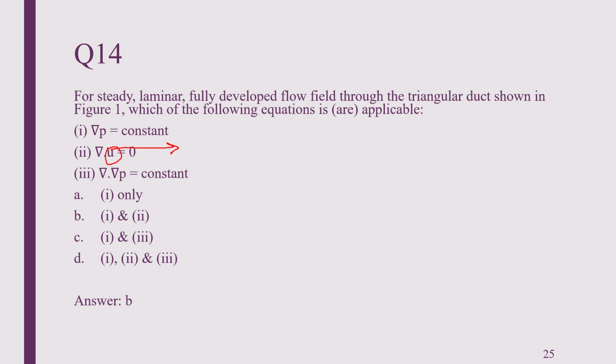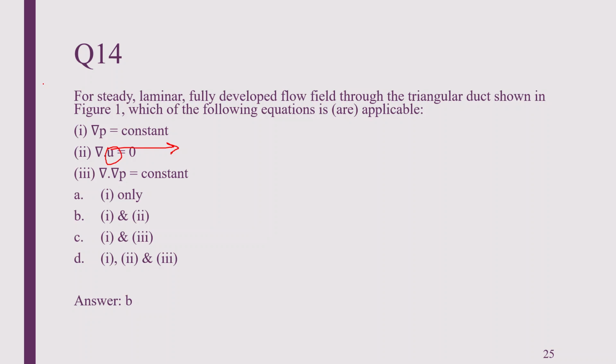So for this question, it is asked which of the following equations is applicable for steady laminar fully developed flow through the triangular duct. Option 1 is del p equal to constant, which is applicable. Option 2 is del dot u equal to 0, which is a form of the compressible continuity equation. And option 3 is del dot del p equal to constant. What would happen if del p is equal to constant?